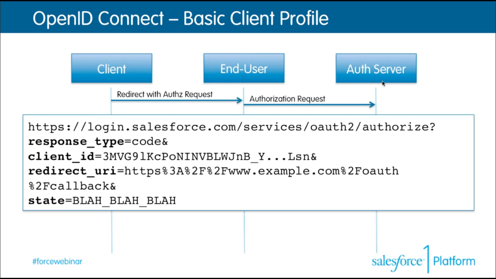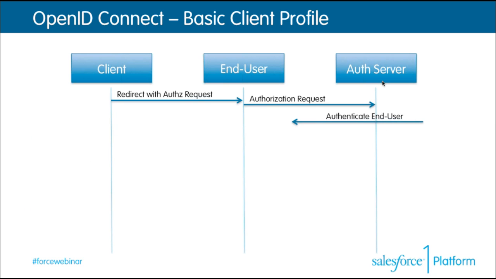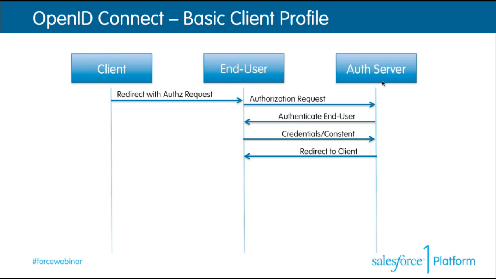What's going to happen is the authorization server is going to authenticate the end user. The end user is going to type in some credentials, give some consent to releasing information to the client app, and then the auth server redirects the client. Now, these couple of steps are outside the protocol, and that's a great thing.